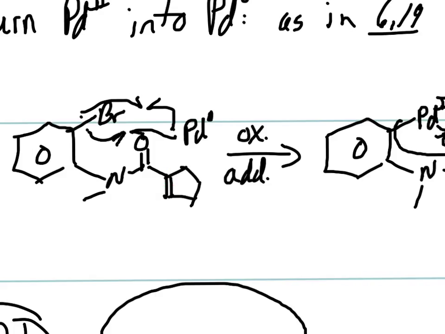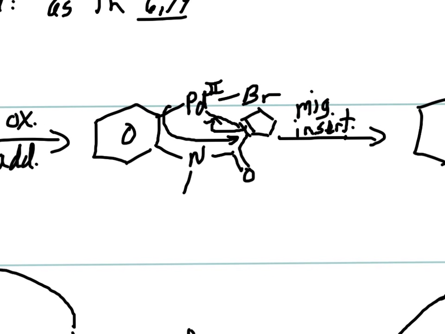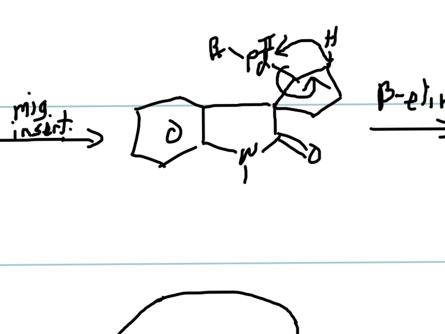Just kind of rotate that around, and now we can do a coordination and a migratory insertion to that pi bond. So again, carbon attacks, pi bond comes up, forms a real bond with palladium for that migratory insertion. Now at this point, you should have your palladium bonded.